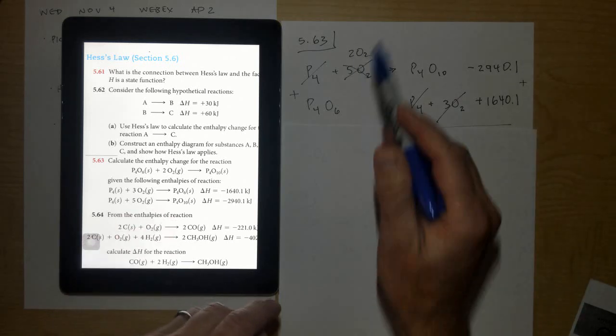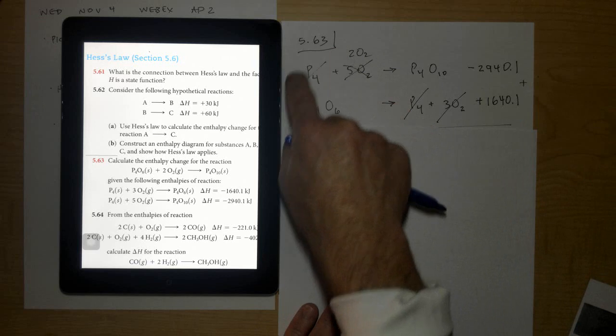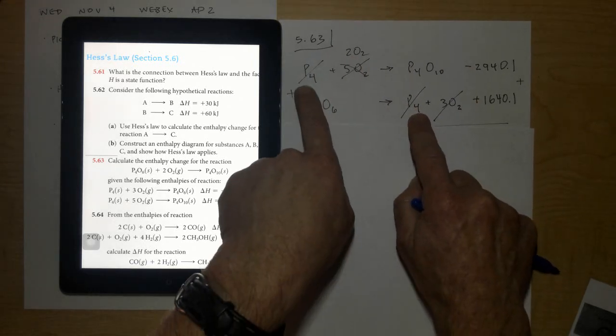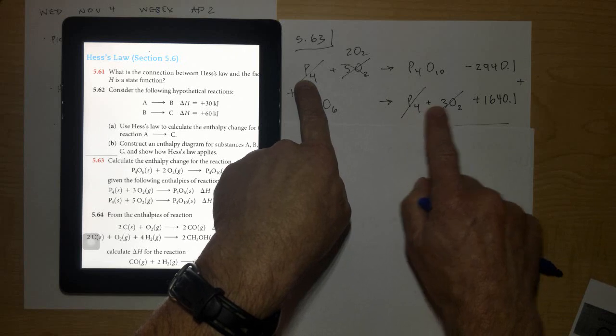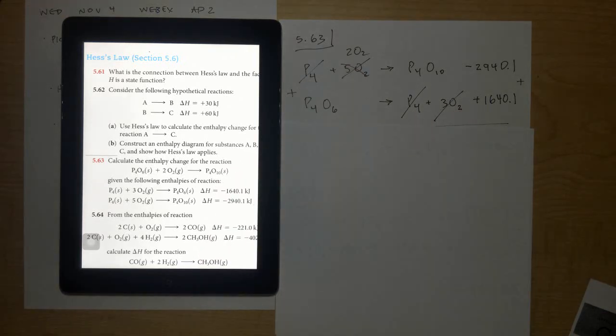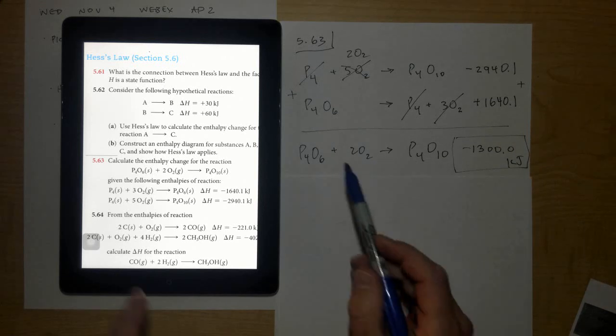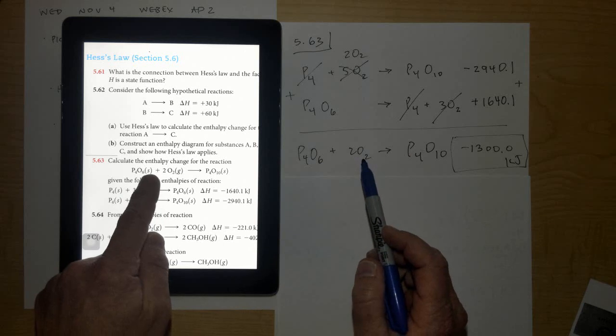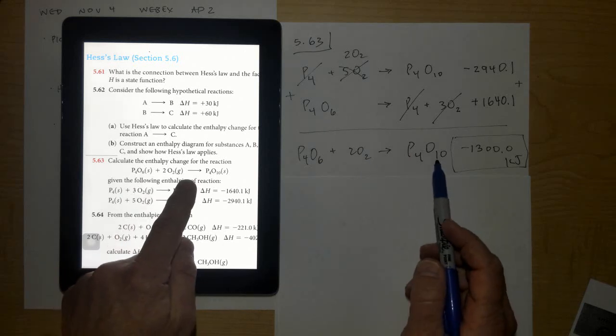Now if I add these 2 reactions together and put everything on this side together and everything on this side together, I notice that some things cancel out. The P4s cancel out, 3 of the O2s cancel out, and I have 2 O2s remaining, and lo and behold, my goal reaction remains: P4O6 plus 2O2 yields P4O10.